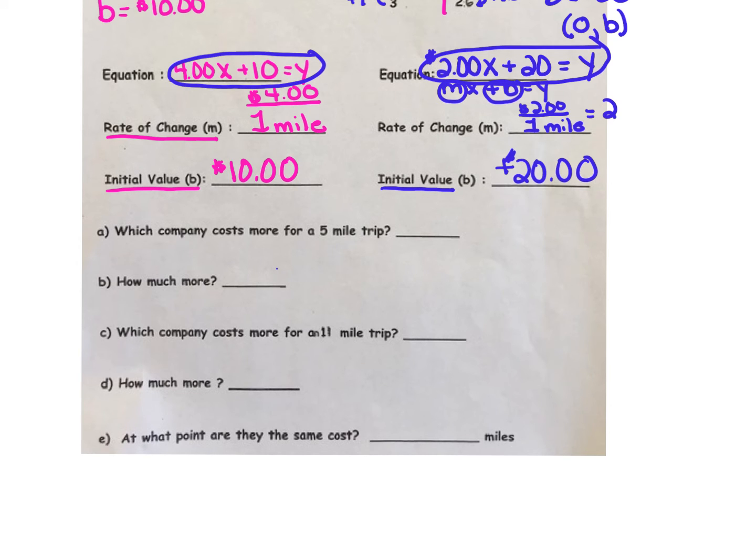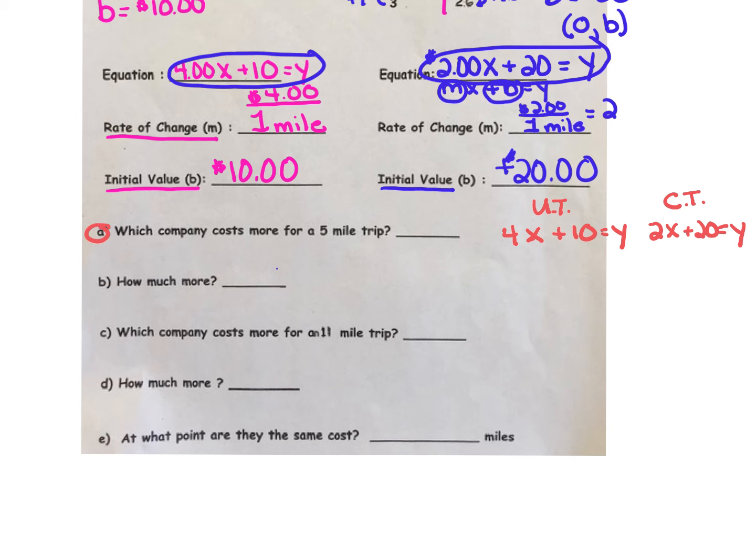Now that we have the two equations, 4 times X plus 10 equals Y, this is for Uptown Movers, and 2 times X plus 20 equals Y is for Crosstown Movers. We can make some decisions and complete some analysis.